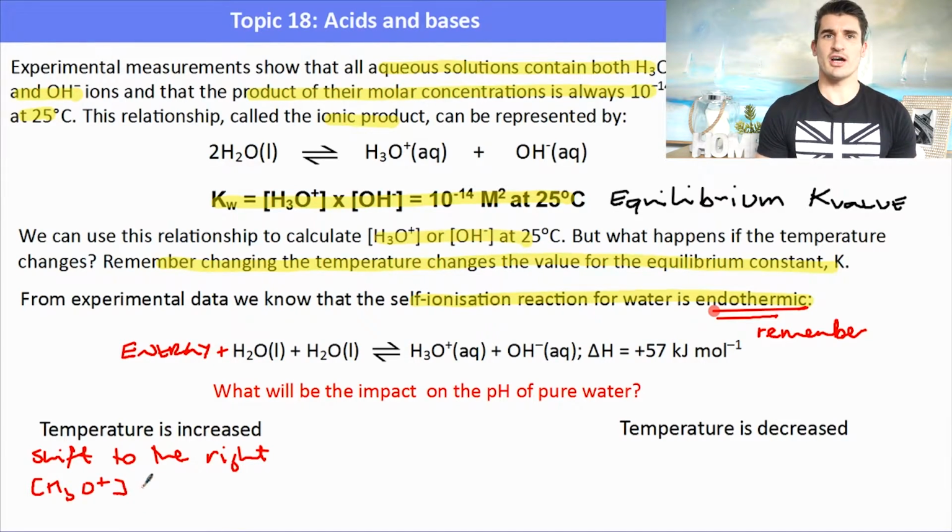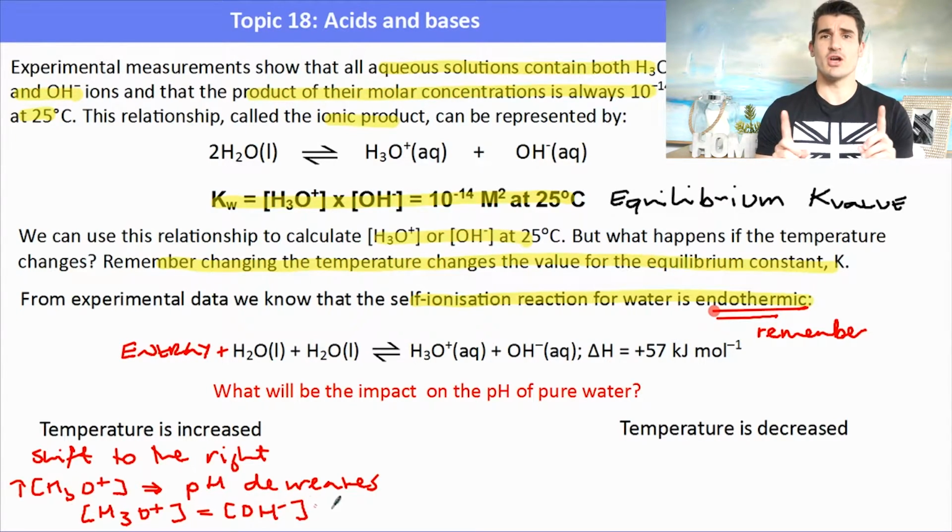So our hydrogen ion concentration will go up. That means that the pH will then start to go down because it's becoming more acidic. But please remember, this is pure water, so it's still a neutral solution. Just because the H plus goes up, the OH goes up as well because they're on the same side. So it's still a neutral solution, it just has a lower pH.